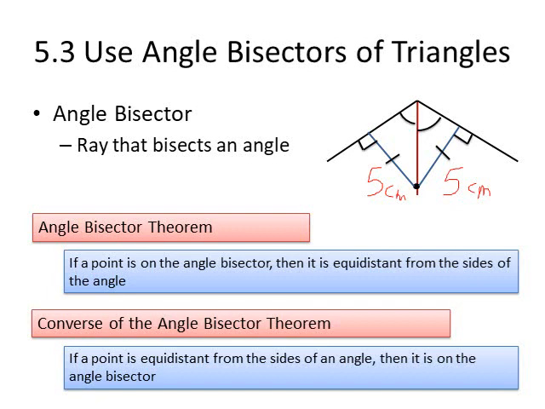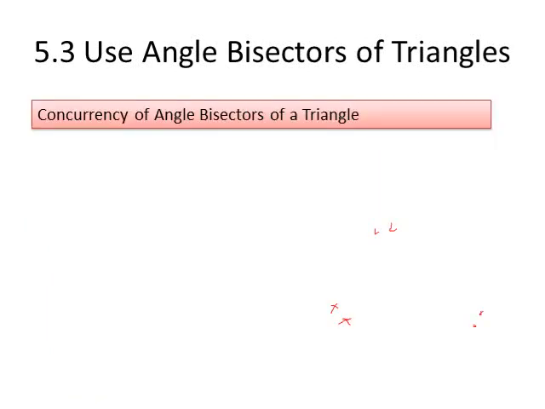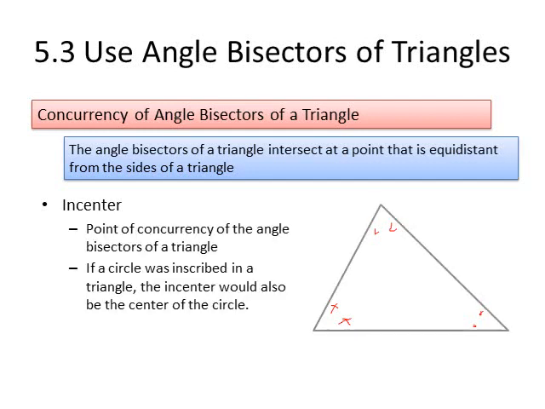Okay, next, angle bisector again. Concurrency of angle bisectors of a triangle. So if I have something like this, that's my triangle here, and this line bisects the angle. And this again bisects the angle, making the two angles equal like that.